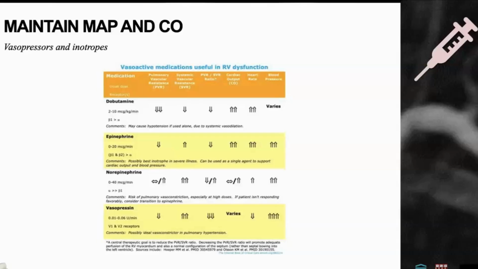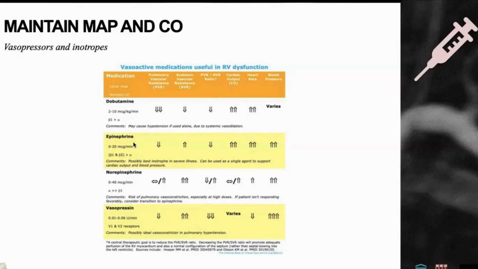So when we think about that, really what we're talking about is a low PVR to SVR ratio. So which pressors do that the best? Turns out that there's two, right? There's vasopressin, which does its job by increasing the SVR more than it decreases the PVR. So in the end, vaso is a very good choice.